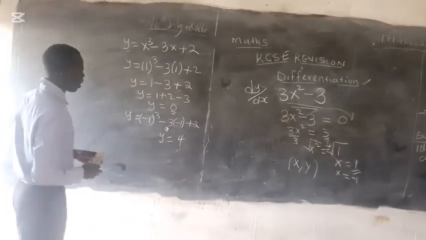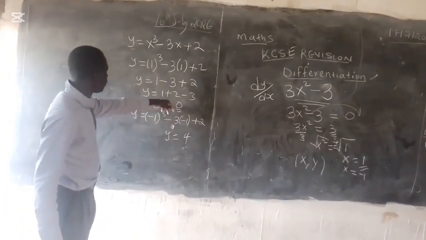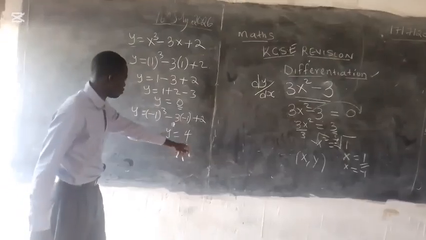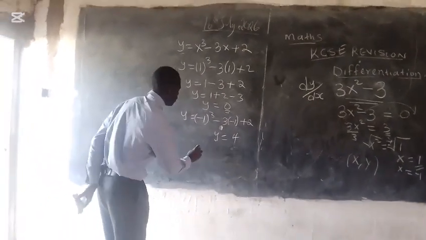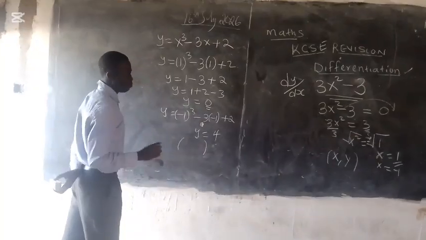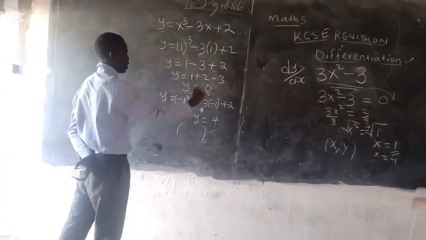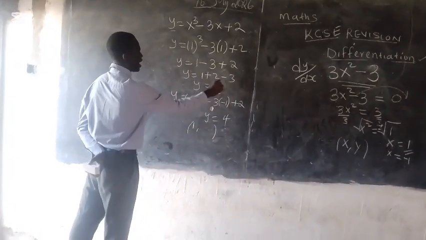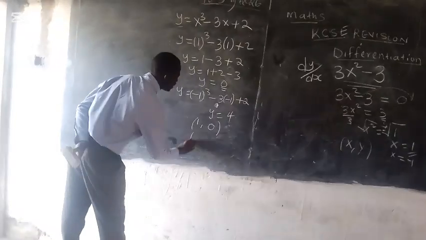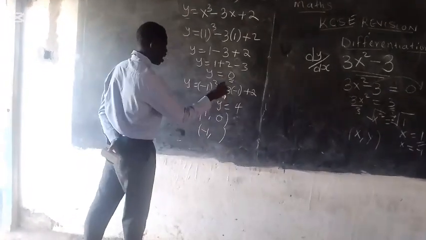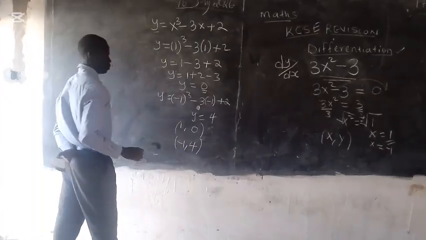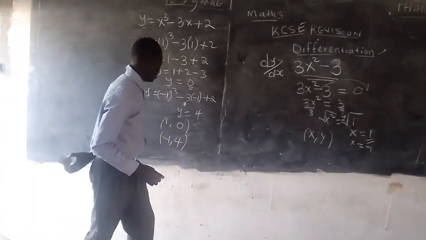So we have the first value of y as 0, then the second value of y as 4. That means we have two stationary points. The first stationary point, we use x as 1 and y as 0. The second stationary point, we use x as negative 1 and y as 4. Students, that is very, very important to understand.